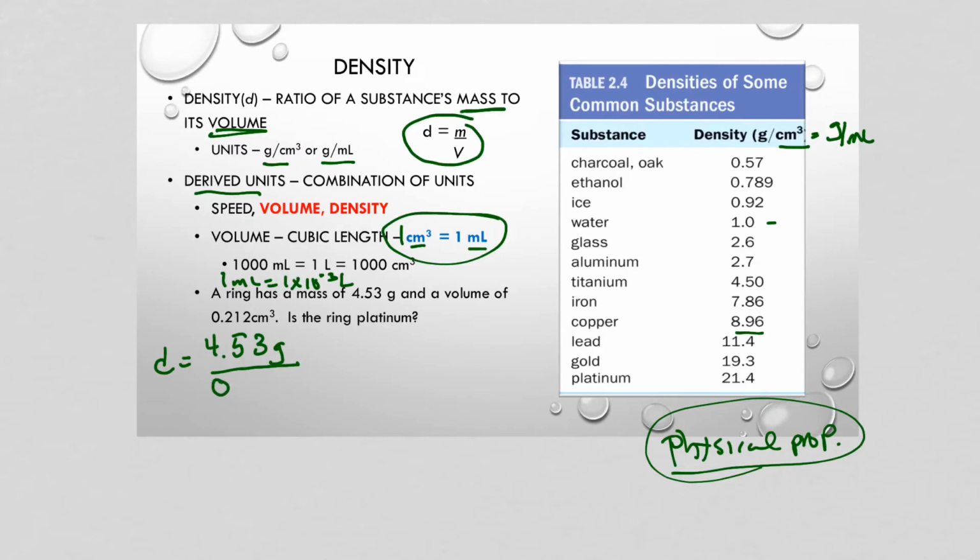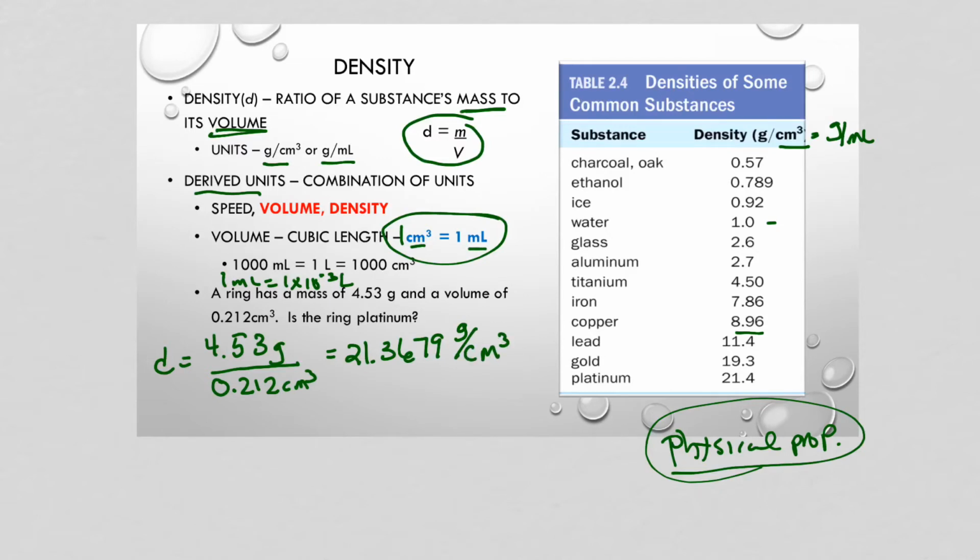So my volume here is 0.212 cubic centimeters. So if I do this, my calculator will tell me that I have 21.3679 grams per cubic centimeter.